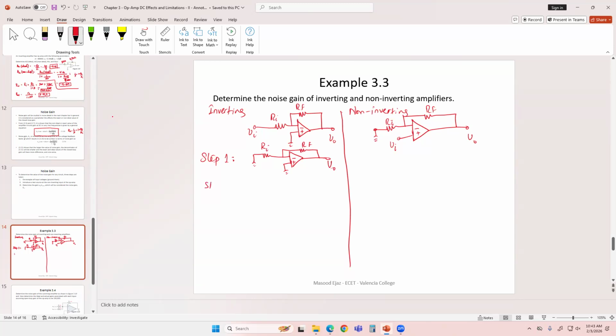Introduce a test voltage source, V test, at the non-inverting input.